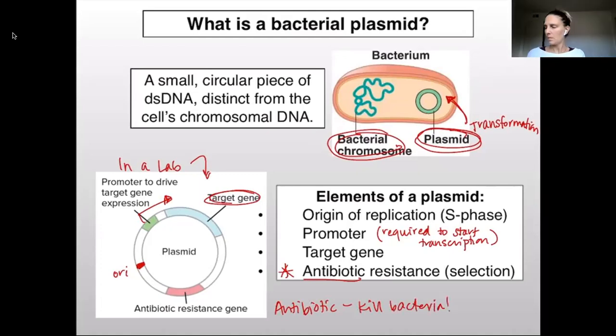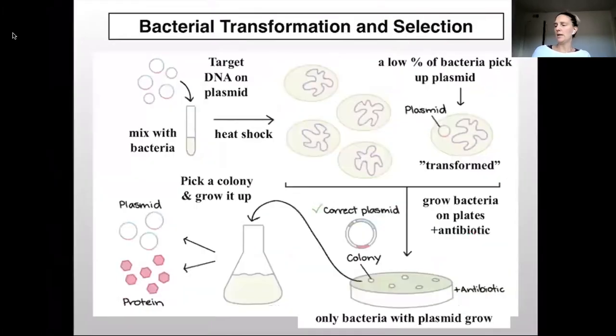If we put an antibiotic resistance gene in there, then this plasmid will grow on that specific antibiotic. And that will allow us to select for that plasmid, all right? And we'll talk about that more in the next part.